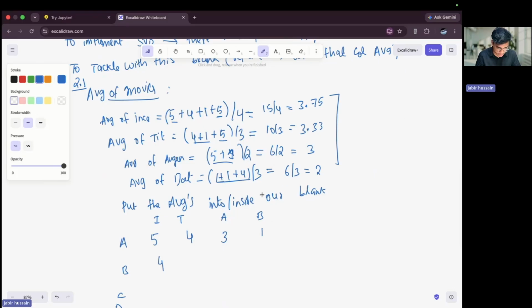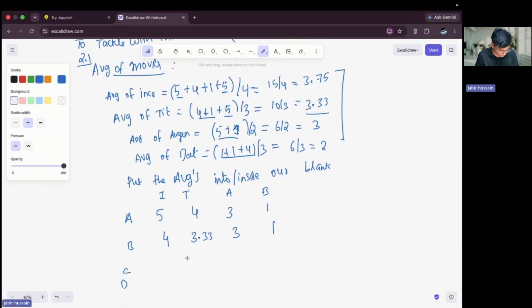Here we had a blank, so what is the average of Titanic? 3.3, right? After that, again the Avengers average, so 3, and 1 again. After that, 1, 1, 5, 4, and then 5, 5, 1, and lastly the Batman average, so we'll have 2.